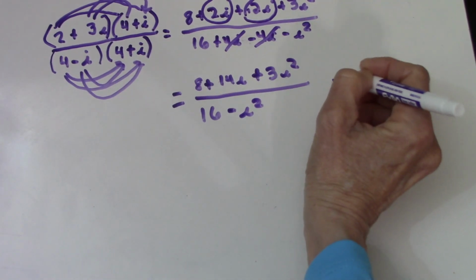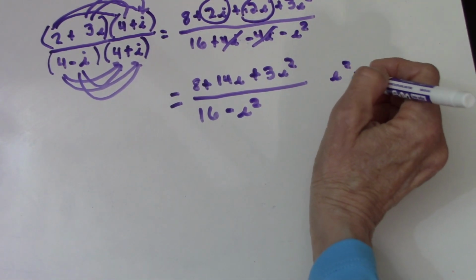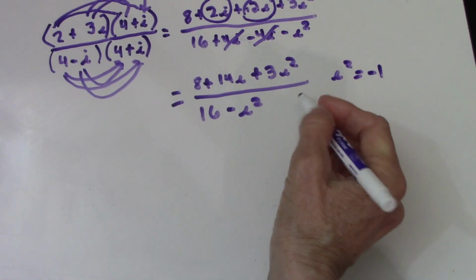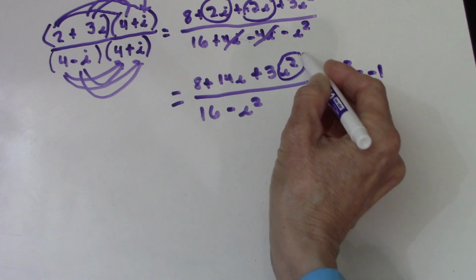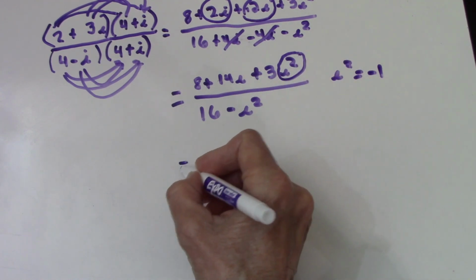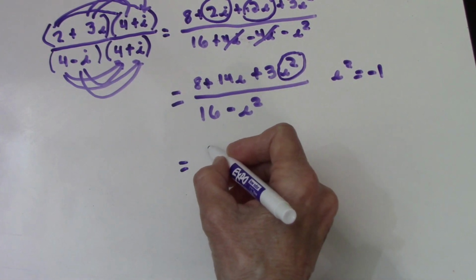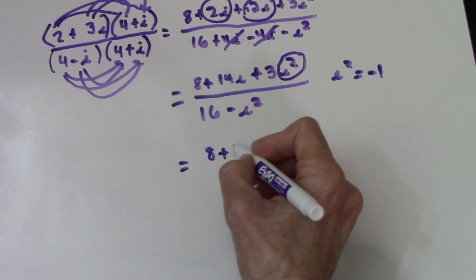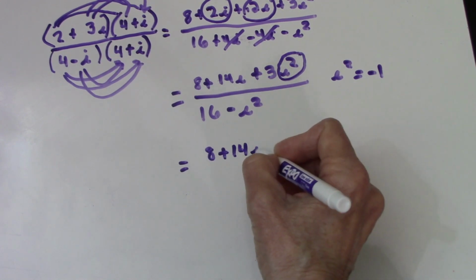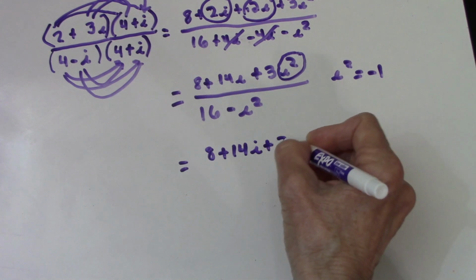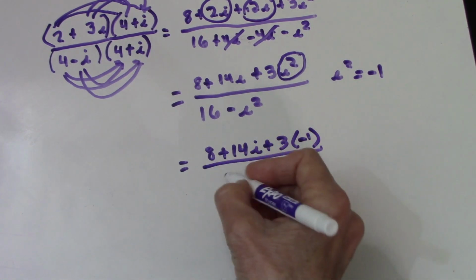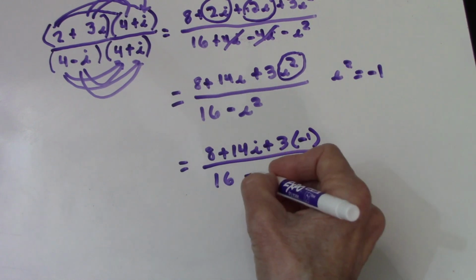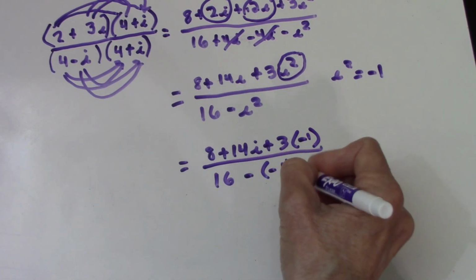So I know that i squared equals -1. So then I'm going to have 8 plus 14i plus 3 times -1 over 16 minus -1.